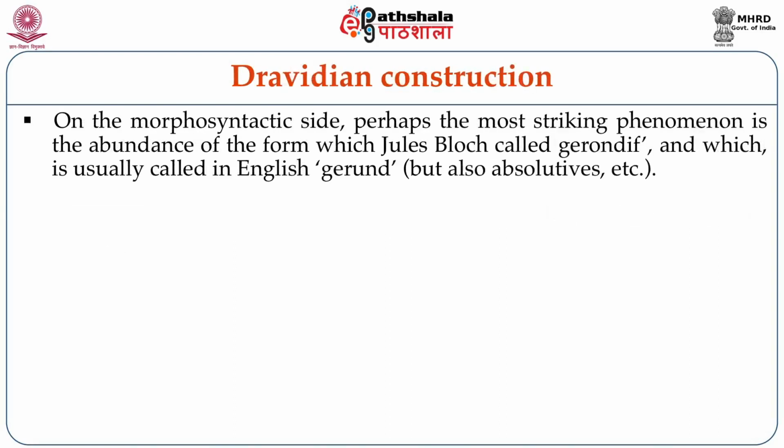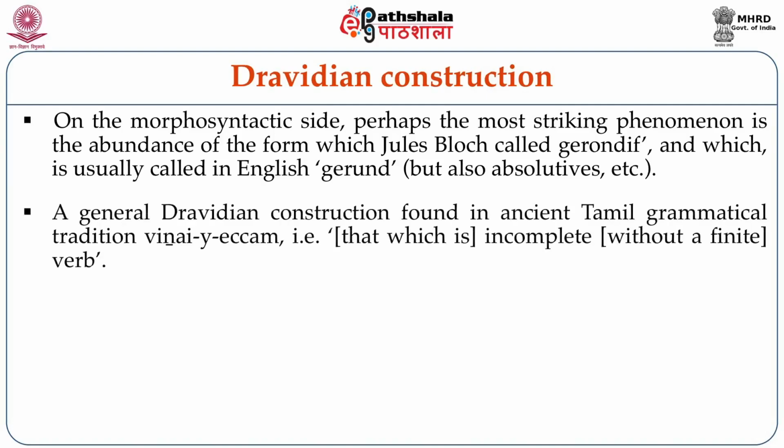On the morphosyntactic side, perhaps the most striking phenomenon is the abundance of the form which Jules Bloch called gerundage, or in simple terms in English, gerund, also known as absolutives. A general Dravidian construction found in the ancient Tamil grammatical tradition, vinaiyecham, that is, that which is incomplete without a finite verb, it means.